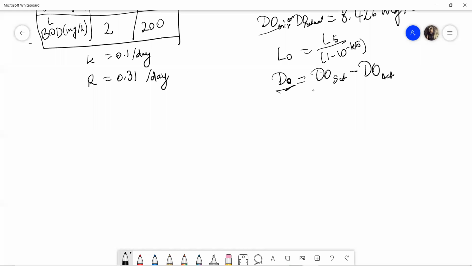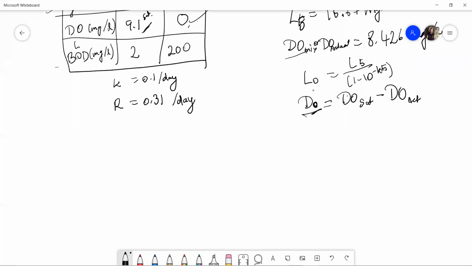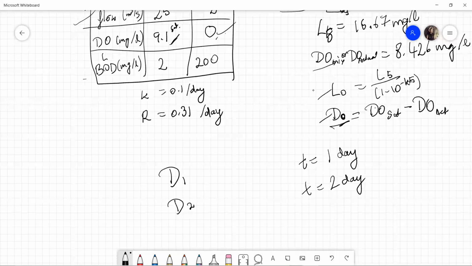Time, right? Time is given in the question. They didn't give you any velocity or anything. They have directly given you the time. The first day, where time t is equal to day 1, that is 1 day. And the second day, 2 days. So first you have to find out the deficit for day 1 and the deficit for day 2. You know the L naught value, D naught value, K value, R value. So all the values required in the Streeter-Phelps equation, you know.